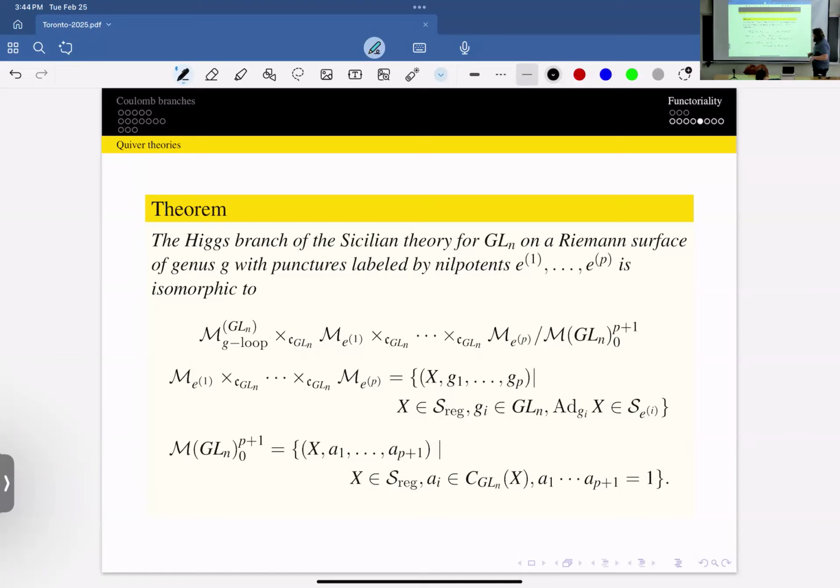So in order to get everything right, I have to think about having a big tuple of guys in this M of GLN, and their product has to be 1. That's to account for the fact that I was supposed to take the product with MH. Right, and this space has a pretty natural description.